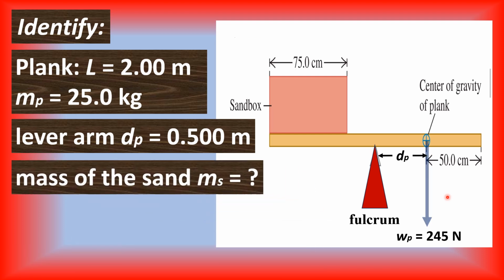And we label the lever arm D sub P as the perpendicular distance from the axis of rotation or the fulcrum to the line of action of the weight W sub P, which is equal to 50.0 centimeters or 0.500 meters.